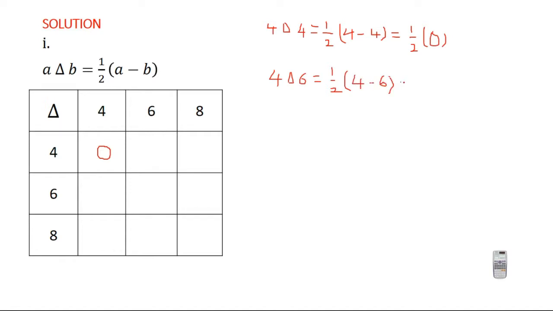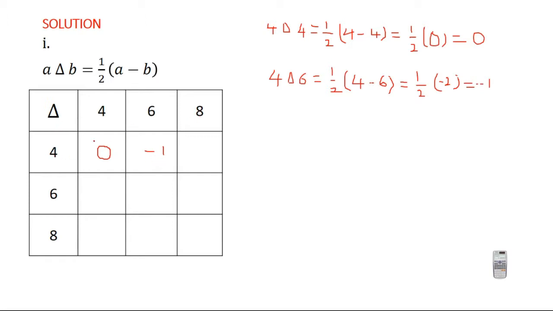We know that 4 minus 6 is minus 2. So 1 over 2 times minus 2 gives us minus 1. So minus 1. Then we move on to the next one.